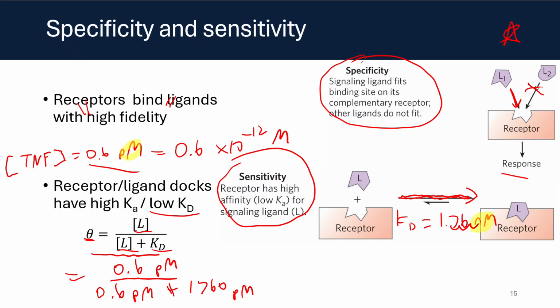And yeah, the theta value is equivalent to 0.00034, which is to say, if I move that decimal place over twice, .034% binding. Now, that doesn't seem like much, but that's all that it takes to have a healthy baseline activation. We are achieving this with next to no ligand, 0.6 picomolar.